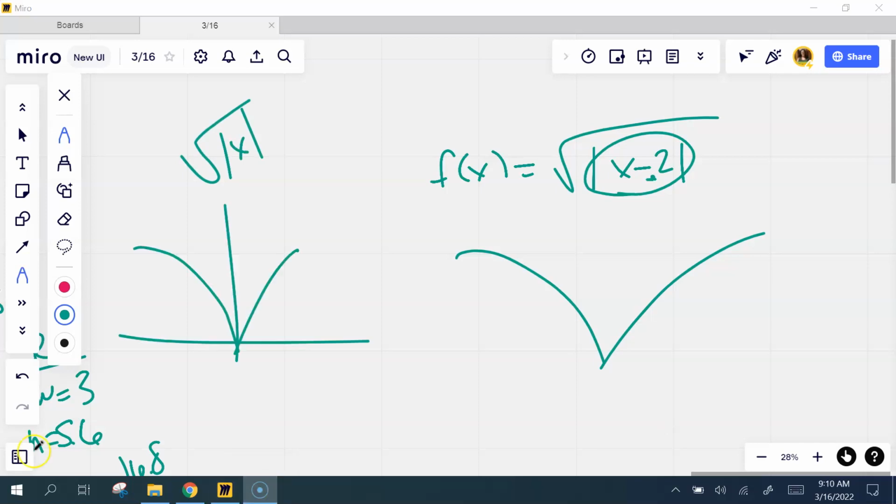Differentiable there? We know it is continuous. I mean, there's a point there that continues on. It couldn't be a vertical asymptote because you don't have a denominator. And the limit as x approaches 2 of f of x does not equal 0, but we know it does because it hasn't had any vertical shift.